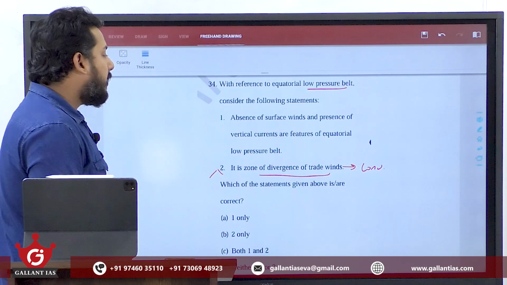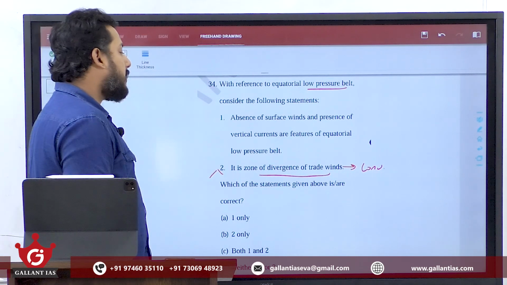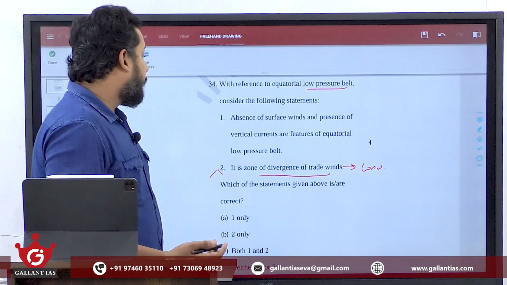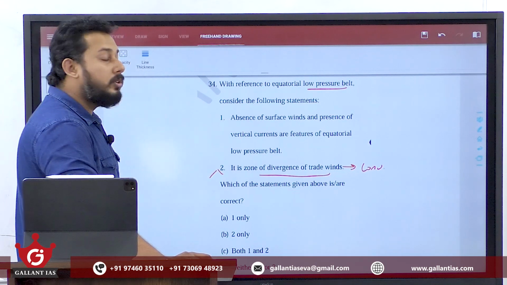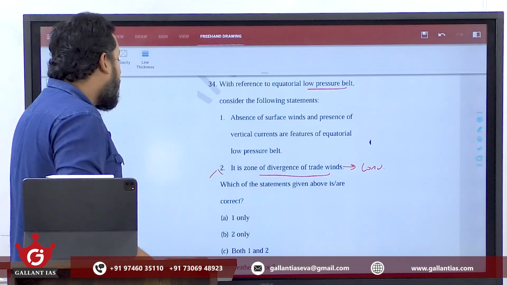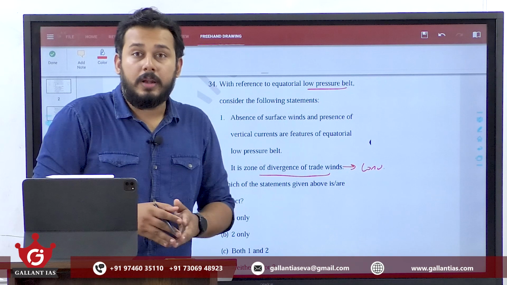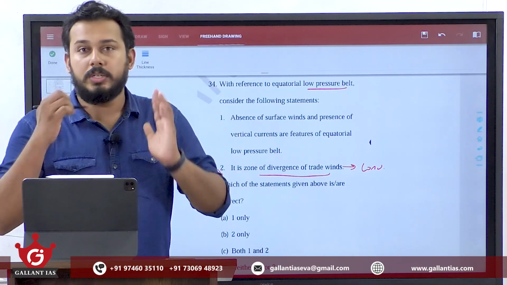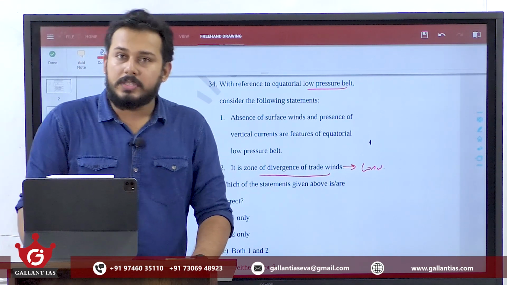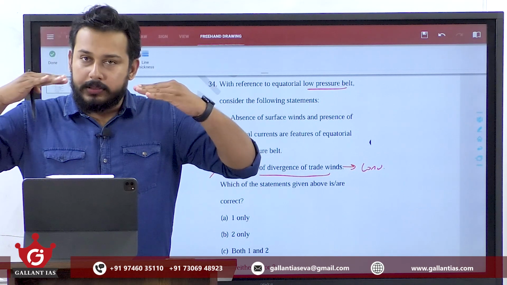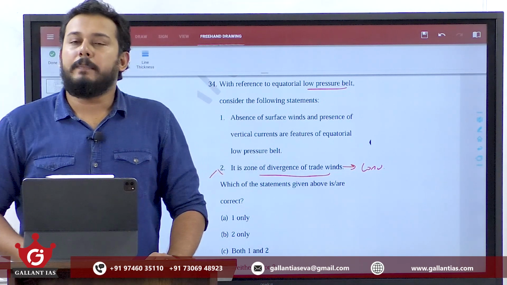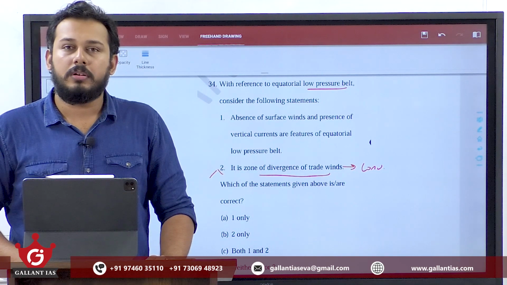Moving on to the first statement: absence of surface winds and presence of vertical currents are features of the equatorial low pressure belt. Along the equatorial low pressure belt, we saw the trade winds are converging, moving towards the equator. We know that the temperature is very high at the equatorial region.